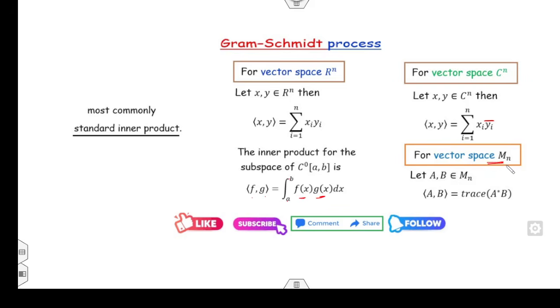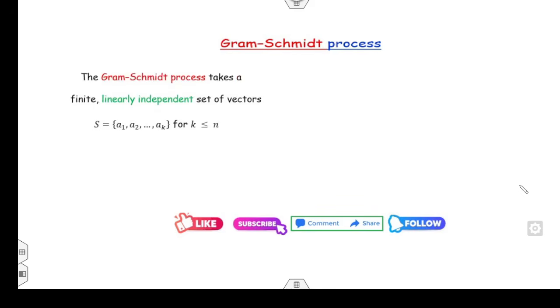While in the case of the vector space of matrices, we define the inner product as trace of A star B. If your matrices are real, then A star becomes A transpose B. Clear? Now let's start with this Gram Schmidt process.